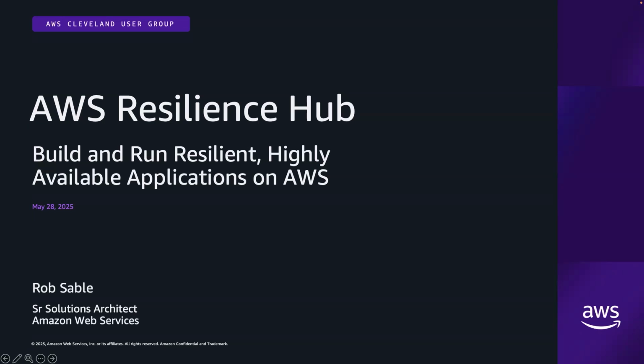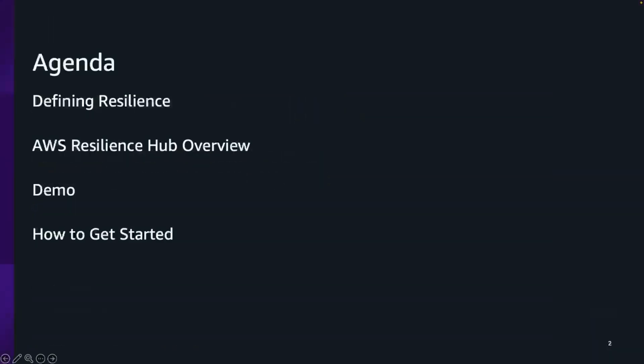Hub service. I will walk through a brief level setting of terms that we'll use and that you'll see used throughout the service. I'll go through a brief overview of what the service is, how it works, and then I'll get into the console and walk through some demo apps that I have set up.